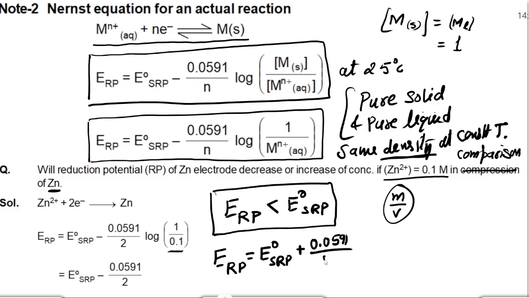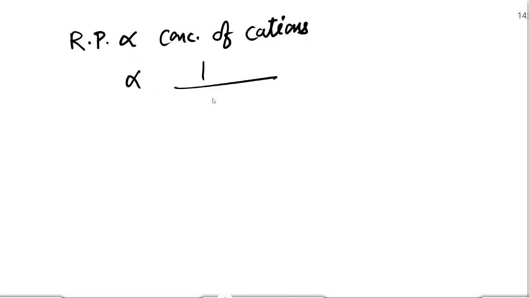See, we can write it like this. Is it true? That means the reduction potential of any electrode is proportional to the concentration of cations and is inversely proportional to the concentration of anions.